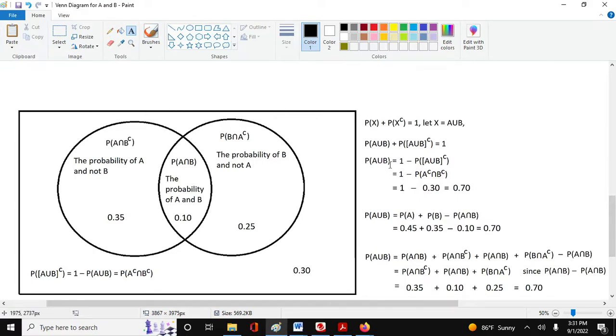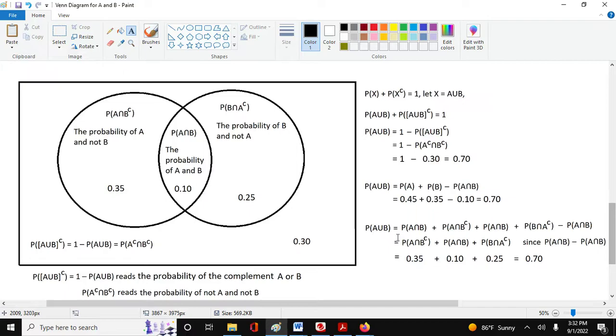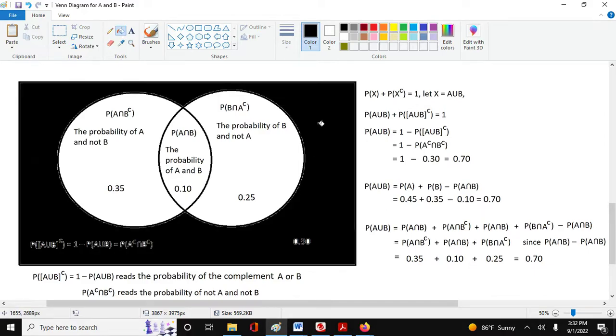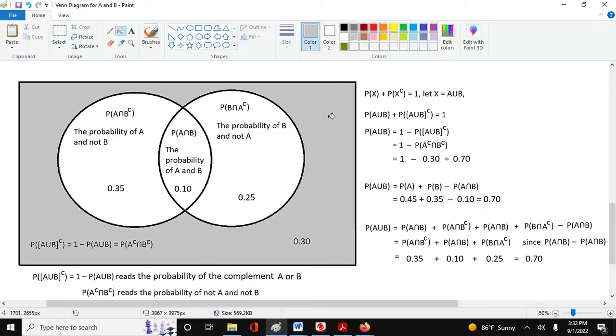So probability of A or B equals 1 minus the probability of the complement of A or B, or we can write this as 1 minus probability of not A and not B, and this just equals what's gray, well, what's black, let's make it gray. So 1 minus 0.30, 0.70.